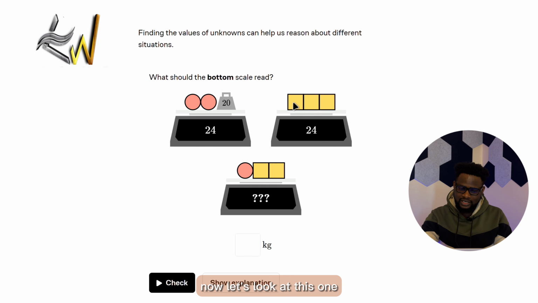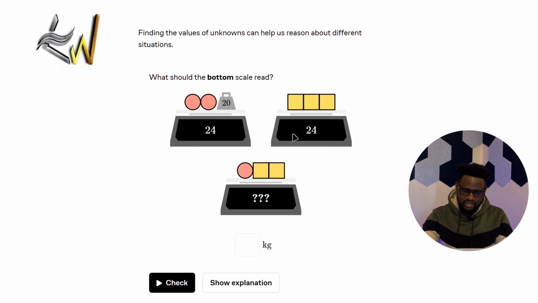Now let's look at this one. We have 3 squares. 3 squares weigh 24 kilograms. If 3 squares weigh 24 kilograms, 1 square is going to weigh 24 divided by 3, which gives us 8. One square is going to weigh 8 kilograms.